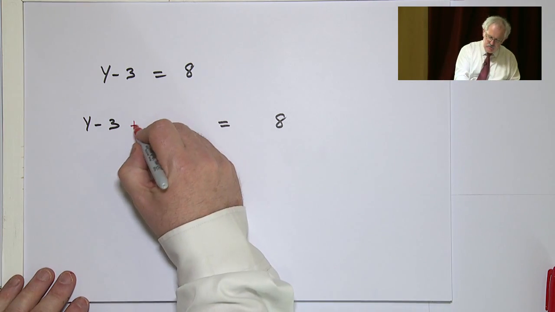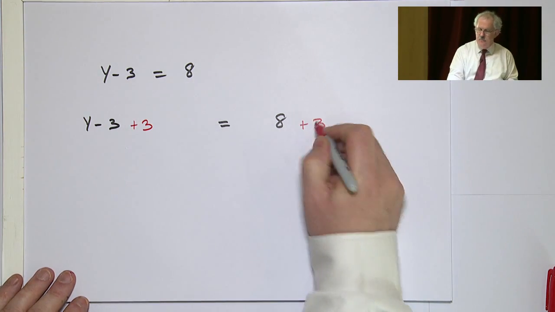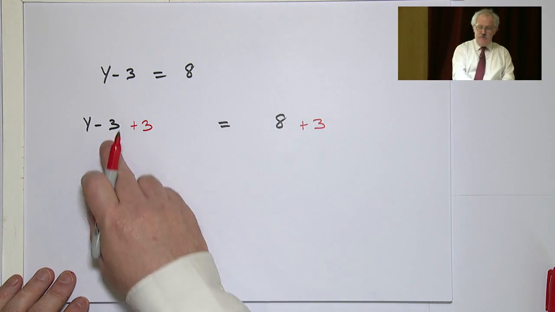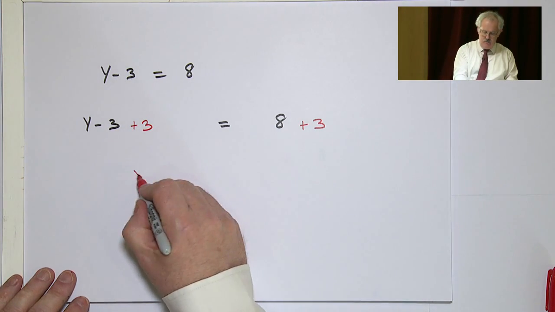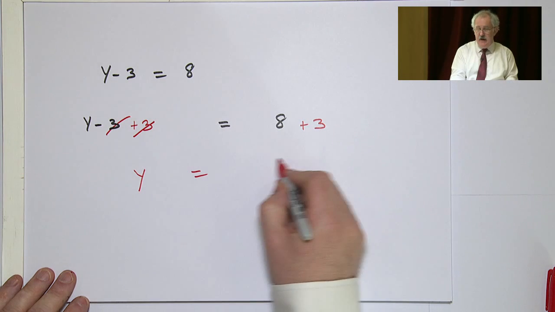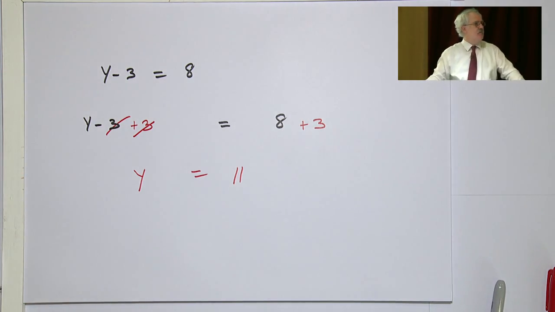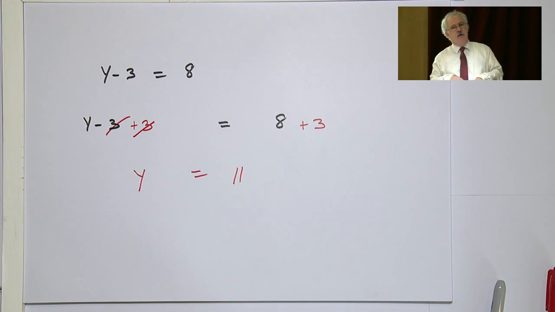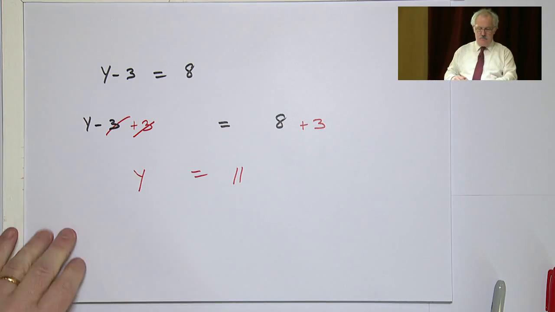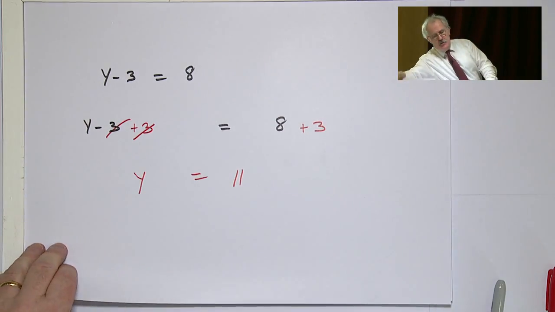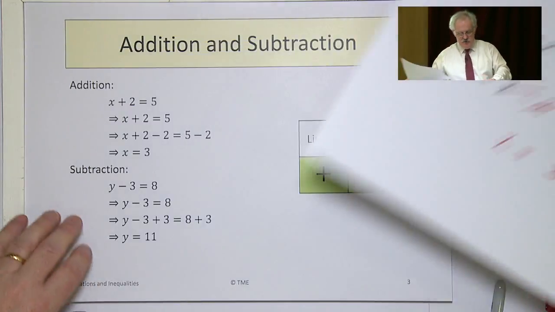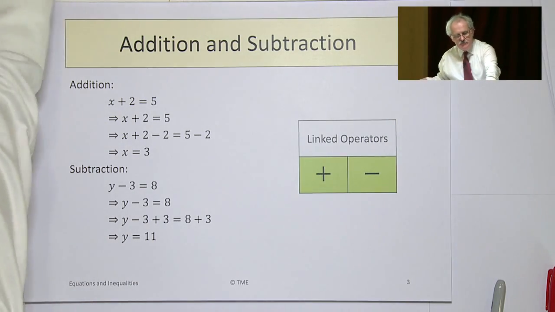Plus. 3 and minus 3, they cancel. 8 and 3, 11. Is that okay? So it's a slow way, a more granular way than what you're doing in your head. You're just undoing an operation of plus or of minus. And that's addition and subtraction.